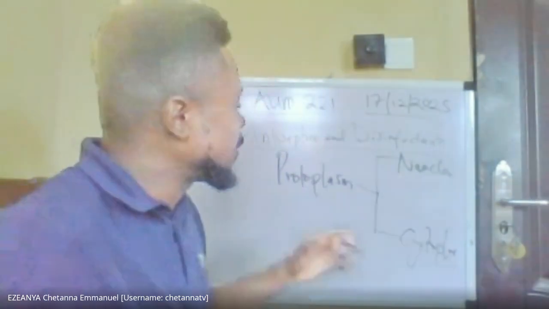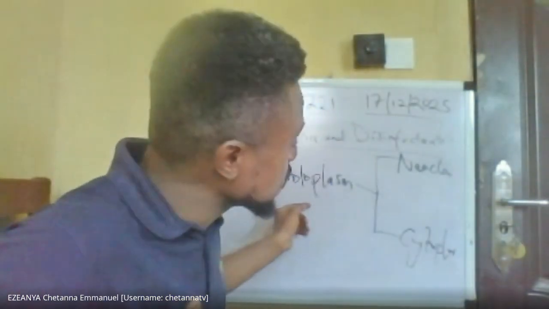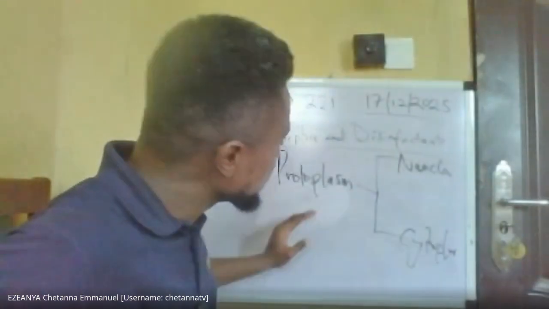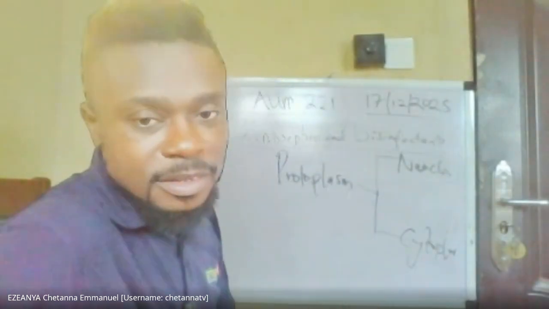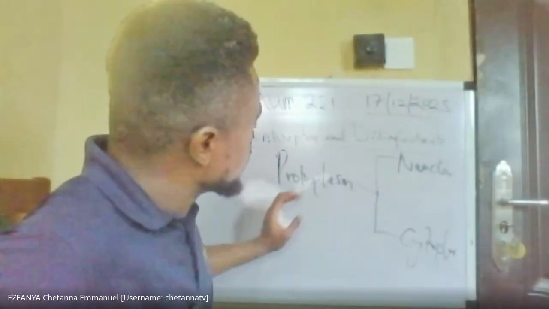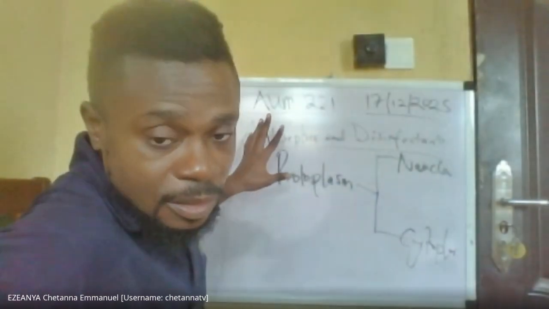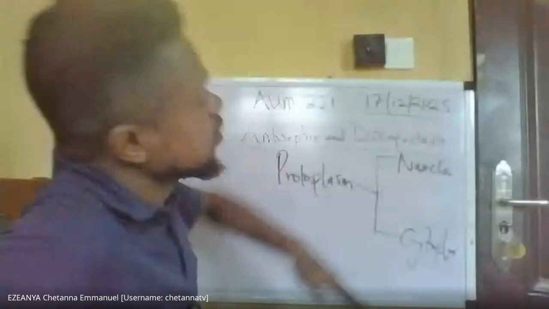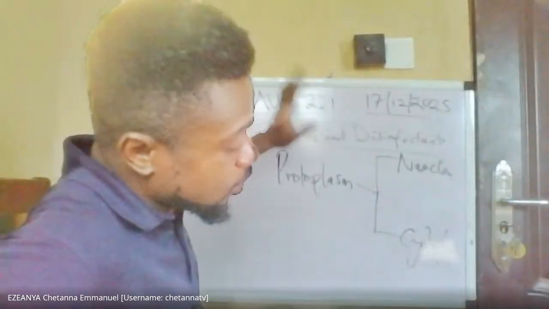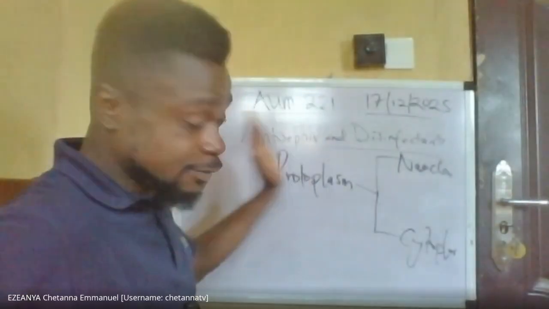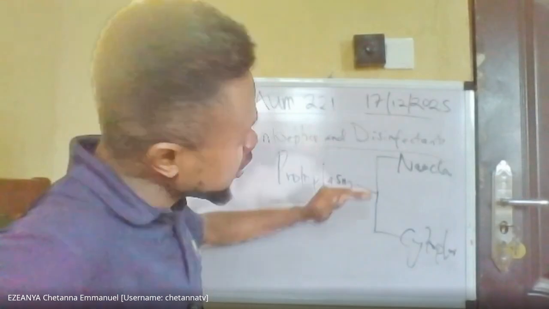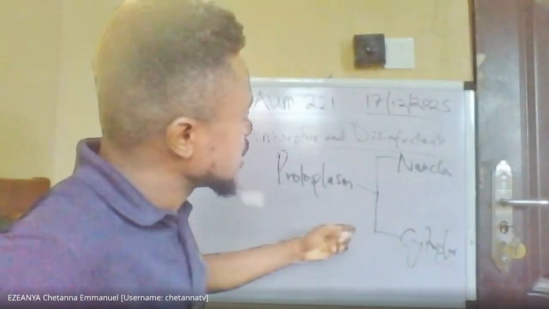In fact, the protoplasm is the living component of the what? Cell. That's the living component of the cell. We have the plasma membrane, and the cell wall if it is for plants. But for animals, we have just the plasma membrane, then the protoplasm.